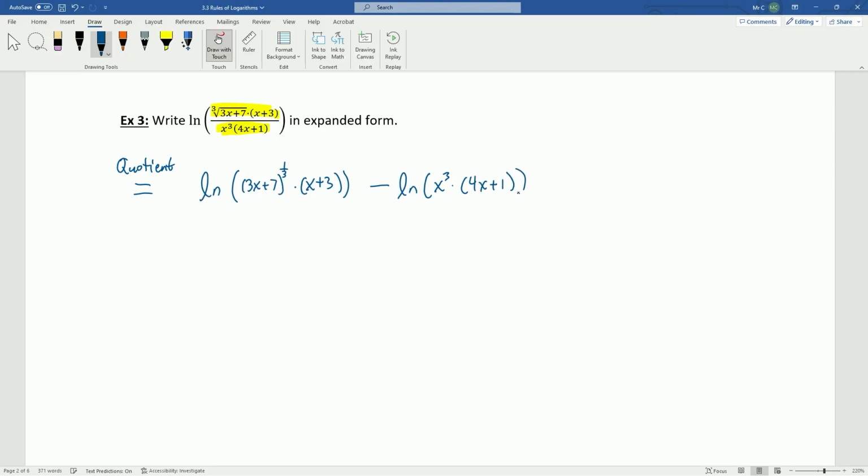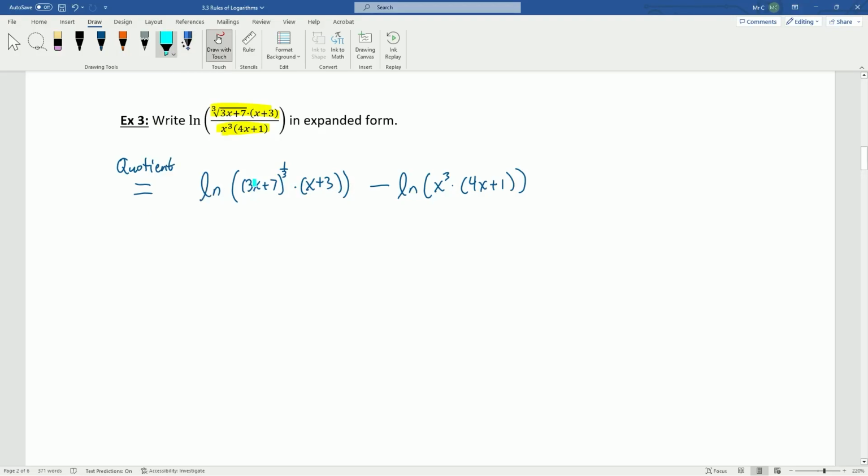And now a lot of times students will try to do multiple of these steps at one time, and I understand the desire to try to save time there, but it makes you really prone to mistakes because since we have things like these negatives that pop up with these quotient rules, if you're not doing these things step by step, you're more likely to make a mistake and not apply the negatives in the correct places. So I really suggest just break these down, only apply one rule at a time.